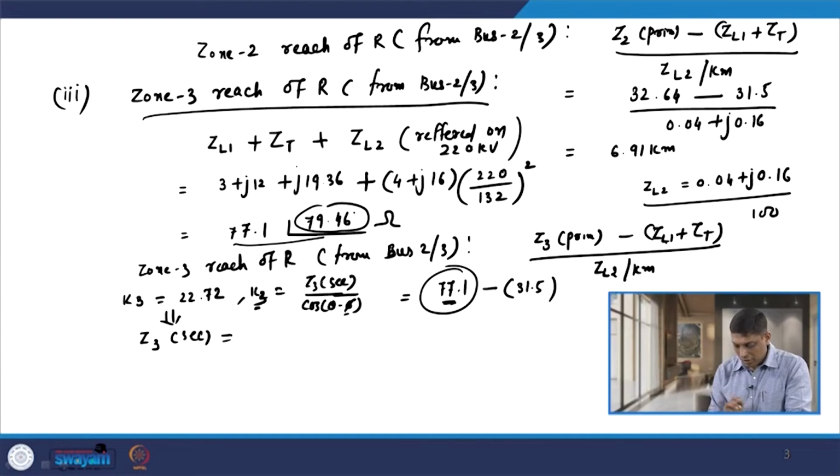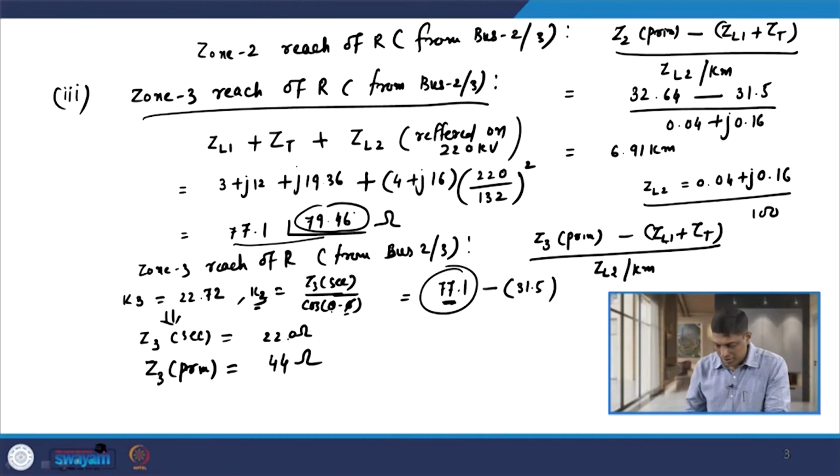So, you can find Z3 secondary, that comes out to be 22 ohm, and if you find Z3 primary based on this, that comes out to be 44 ohm, almost double because of the PT ratio and CT ratio.